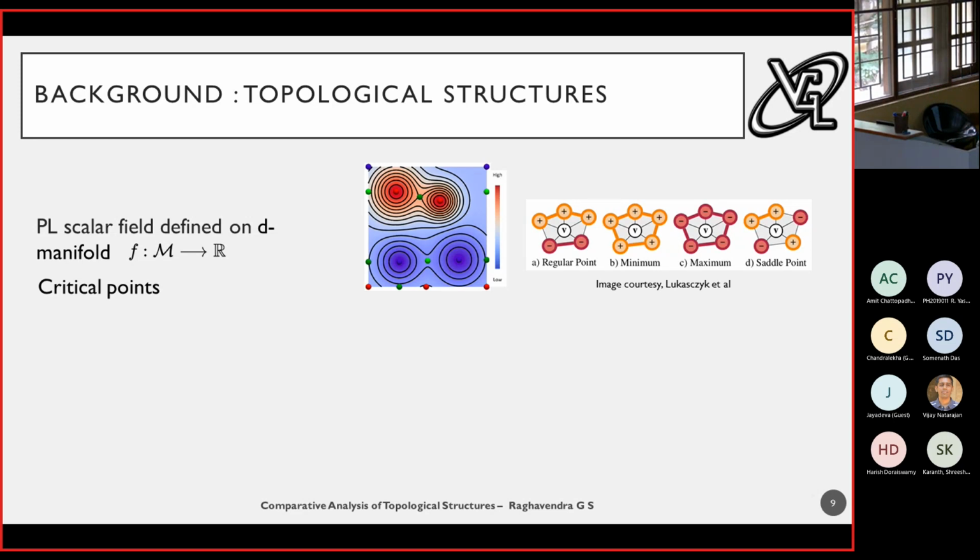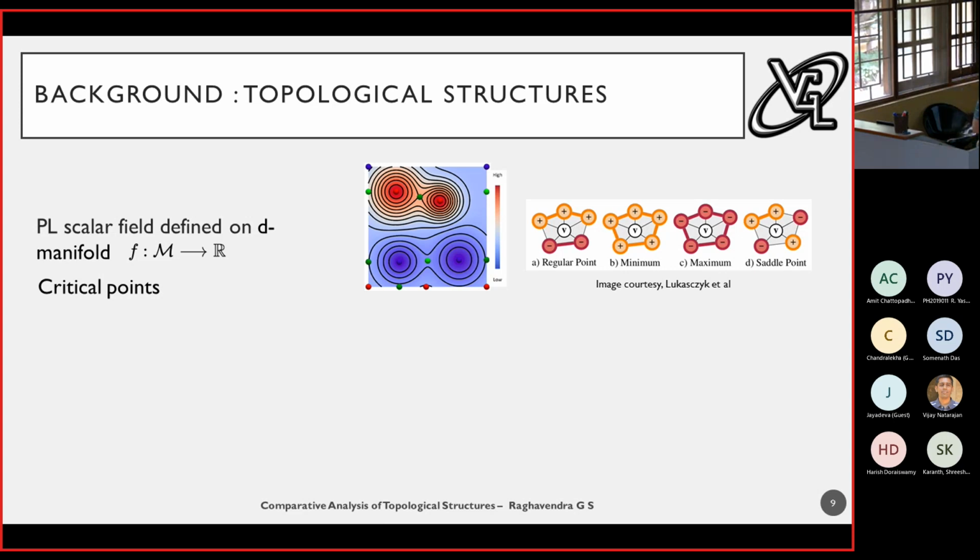If the function value of all the neighbors is higher than the vertex we consider, then that vertex is a minimum. If all the function values are lower, then it's a maximum. If there are function values both lower and higher, then depending on the number of components, it can be considered a regular point or a saddle point.